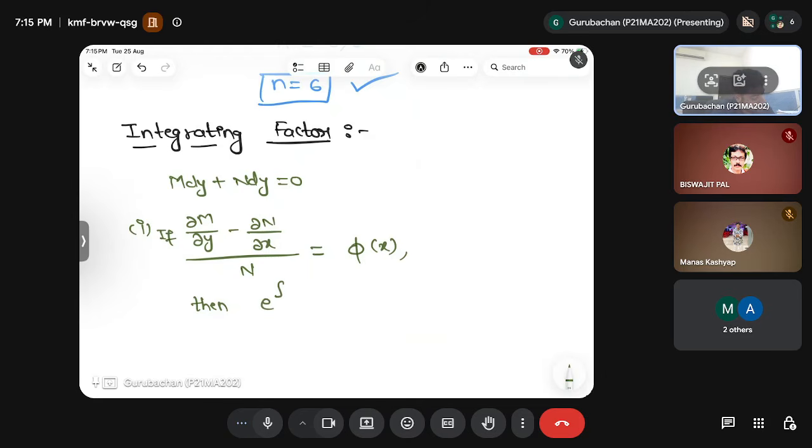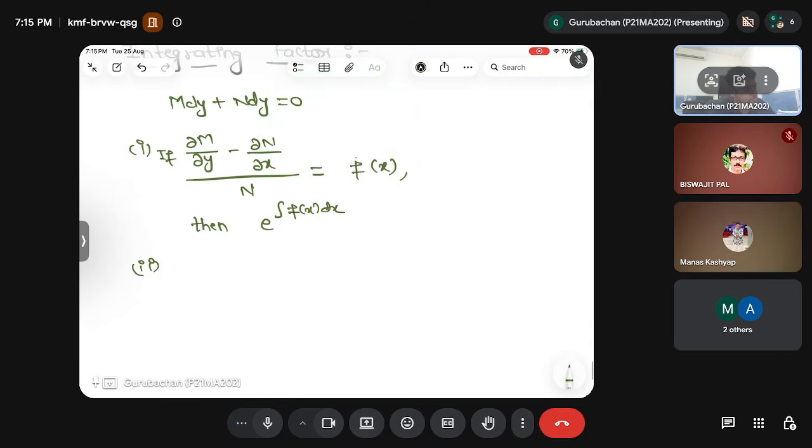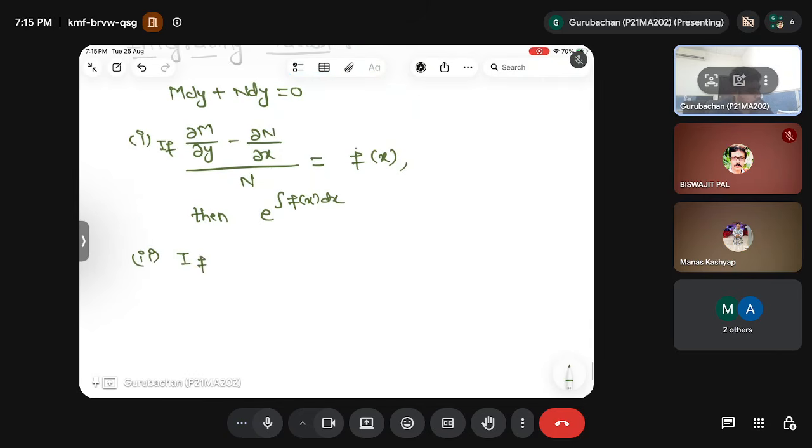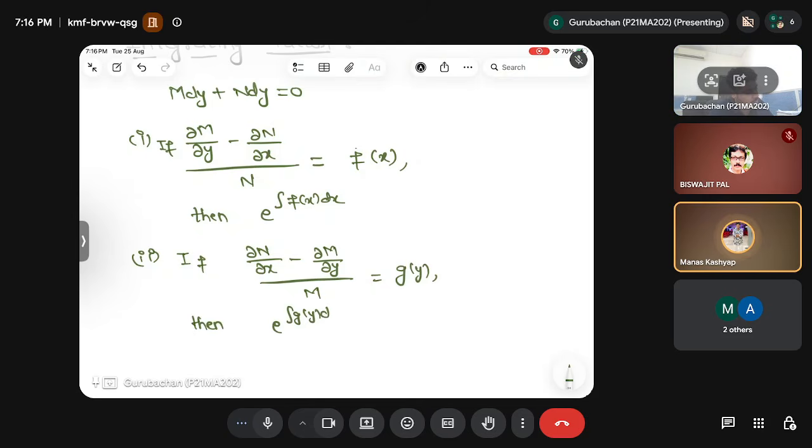E to the power integral f dx. The second case is if del n by del x minus del m by del y divided by m is a function of y only, then the integrating factor is e to the power integral g(y) dy.